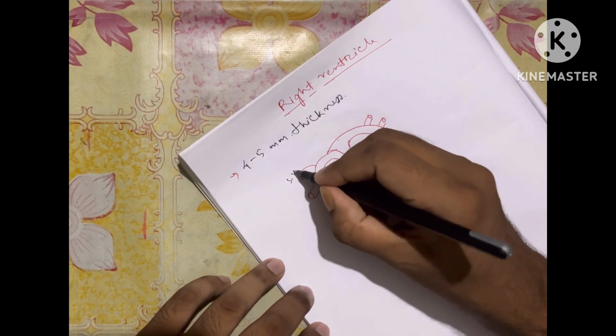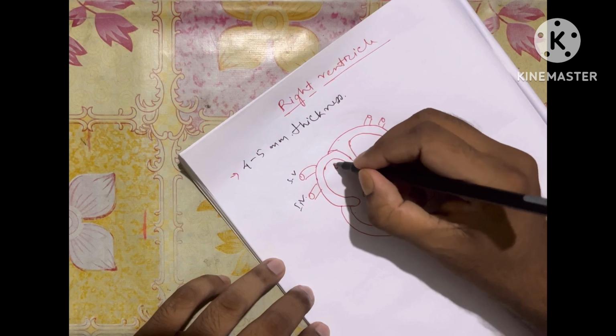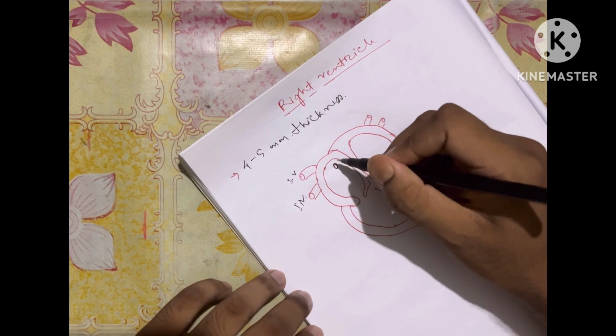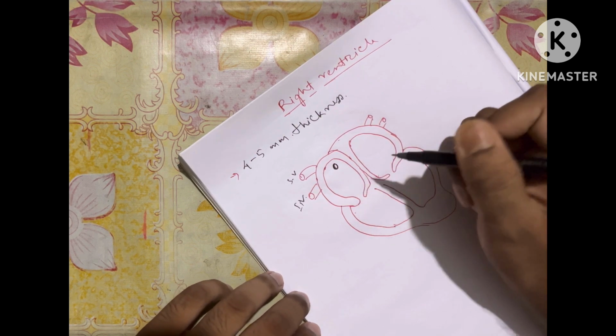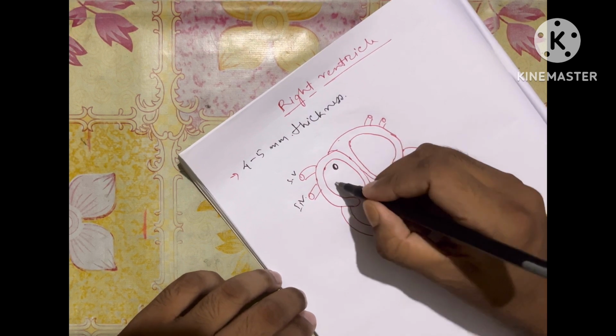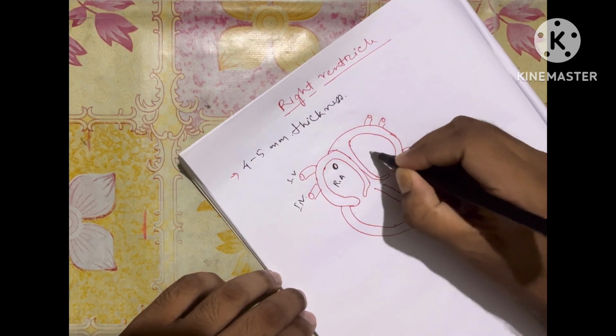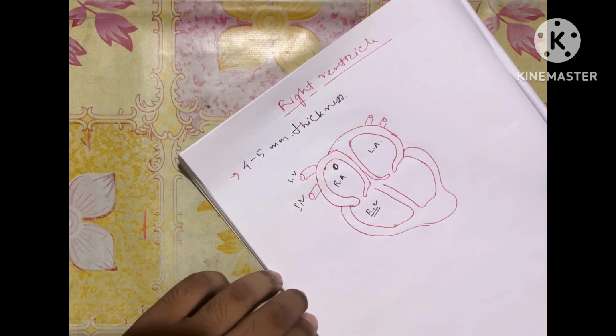So we know what this is. This is the superior vena cava. This is the inferior vena cava. Okay, this is the coronary sinus. We know that the coronary sinus receives the venous blood from the coronary veins. Right. So this is the right atrium. This is the left atrium. So today we are first going to discuss the right ventricle.